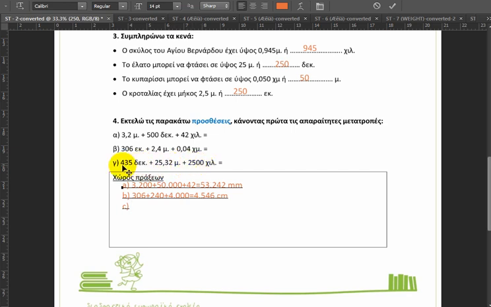C. The smallest unit of measurement here is decimeters, so I'm going to turn them all into decimeters. So 435 stays the same. Then to turn this into decimeters, since it's meters, I need to multiply it by 10. So I get 253.2.